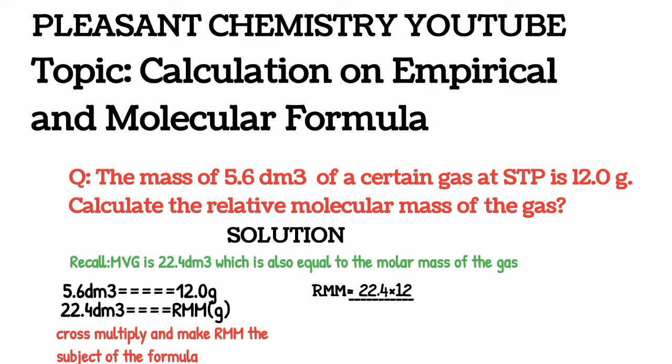So when we cross multiply, we are going to have RMM is equal to 22.4 dm³ multiplied by 12.